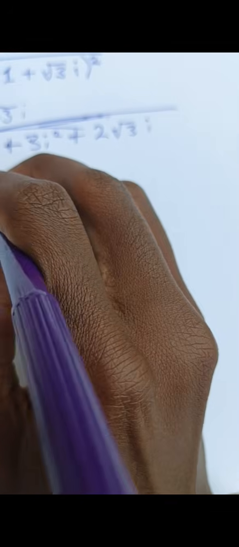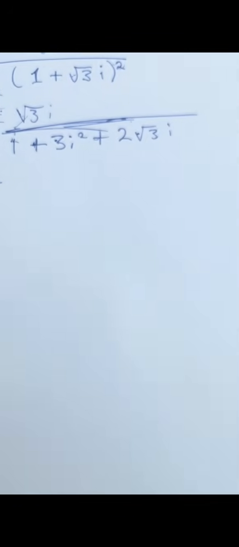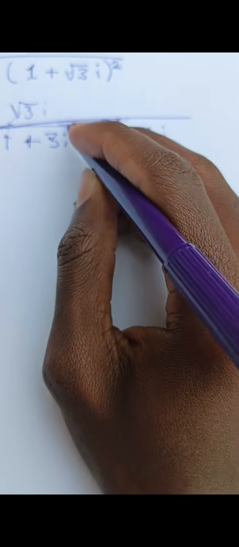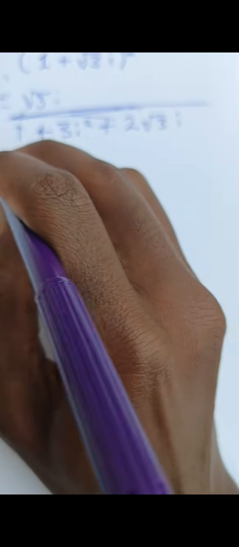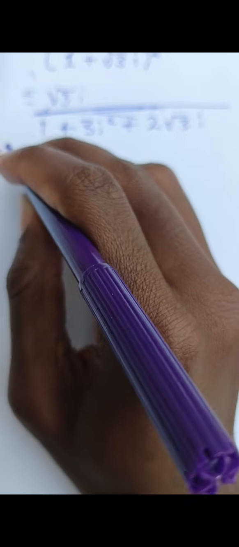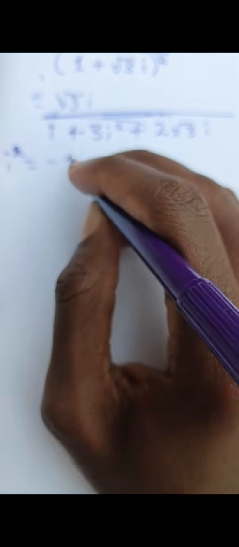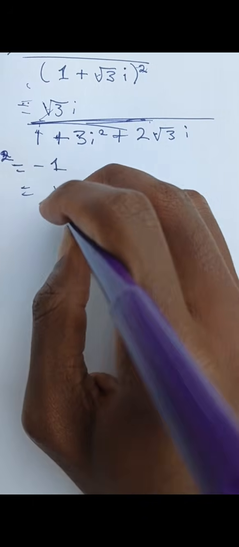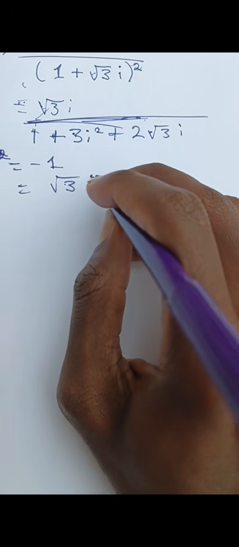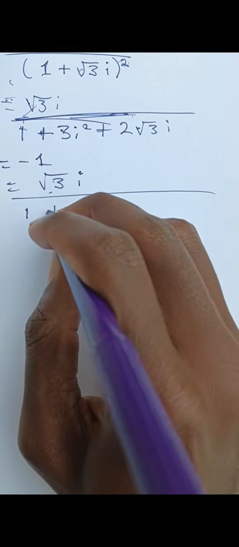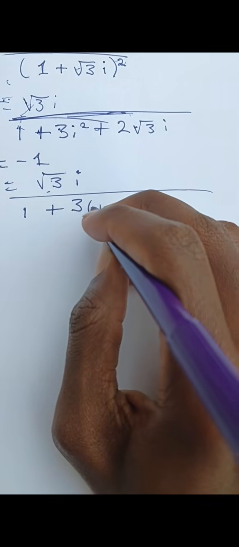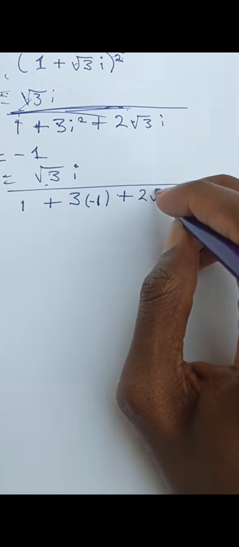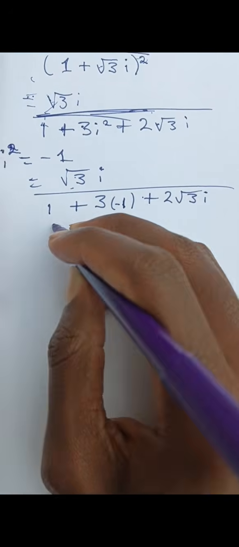Okay, and then recall that i power 2 is equal to negative 1, meaning that wherever there is i power 2, we are going to put negative 1. So we have square root of 3i over 1 plus 3 times negative 1 plus 2 square root of 3i.